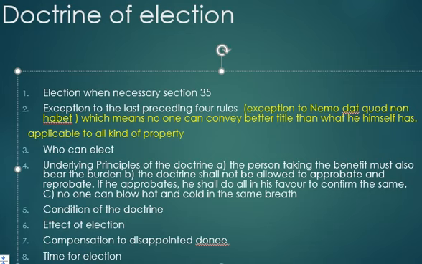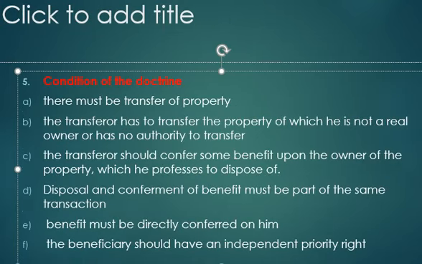Next point, we will discuss the condition of the doctrine. There must be a transfer of property first. Second, the transferor has to transfer property of which he is not the real owner or has no authority to transfer.